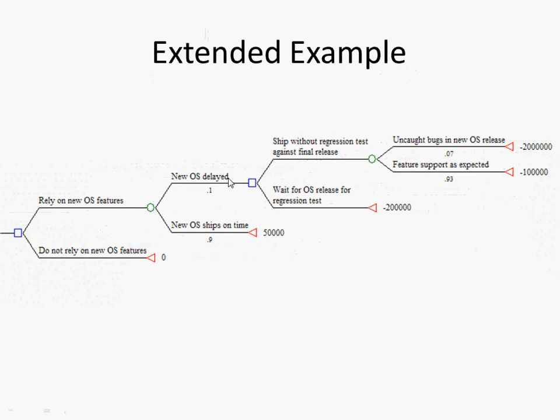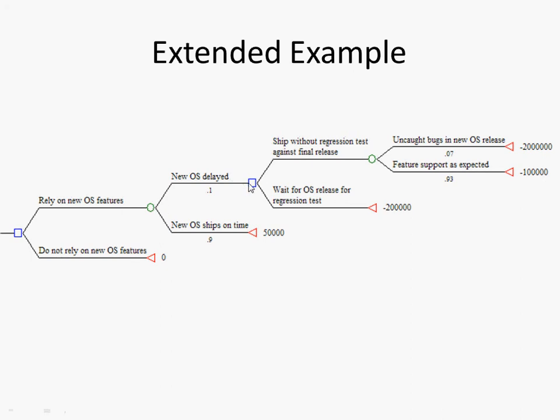Well, do we ship and hit the market sooner without the final release of the OS, just going against the release candidate? Or do we actually wait for the OS to finally be shipped and test fully before shipping our product? So here we have a decision, and what's very important to recognize about this later decision is it's contingent.